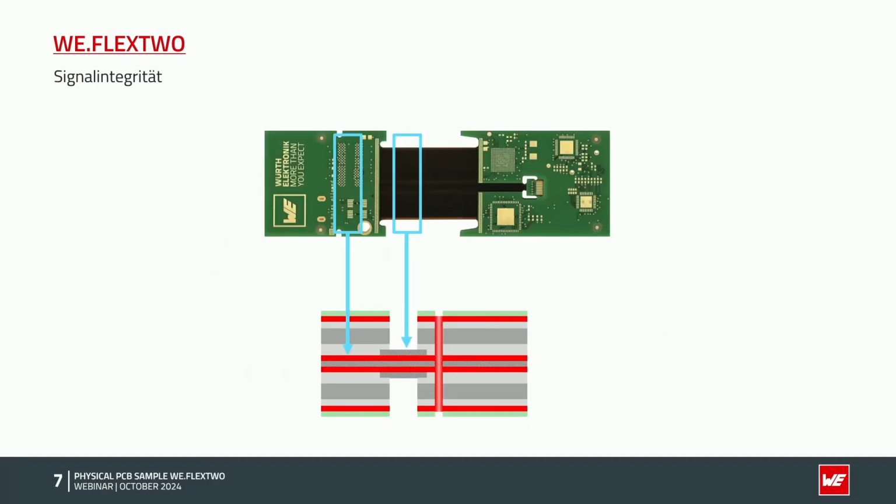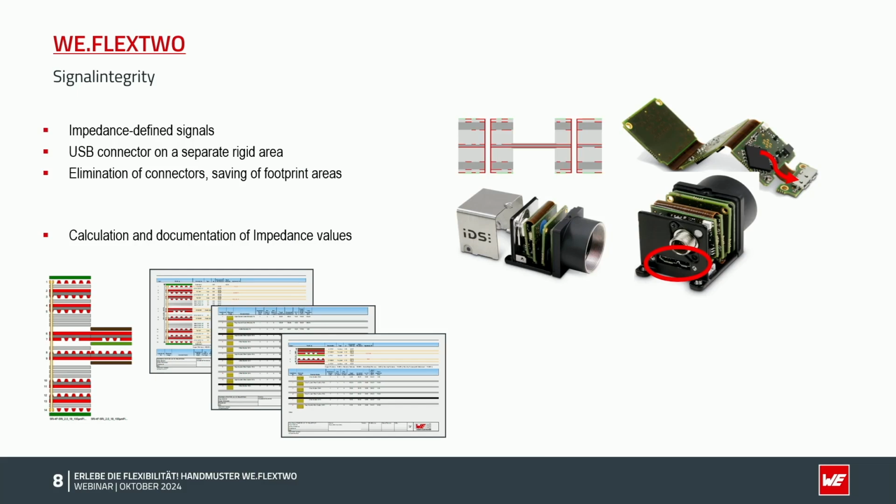So the next step is I want to talk about signal integrity in the flex part and in the rigid part. Here you can see an example. It's a USB camera. And you see there, of course, we need impedance-defined signals.